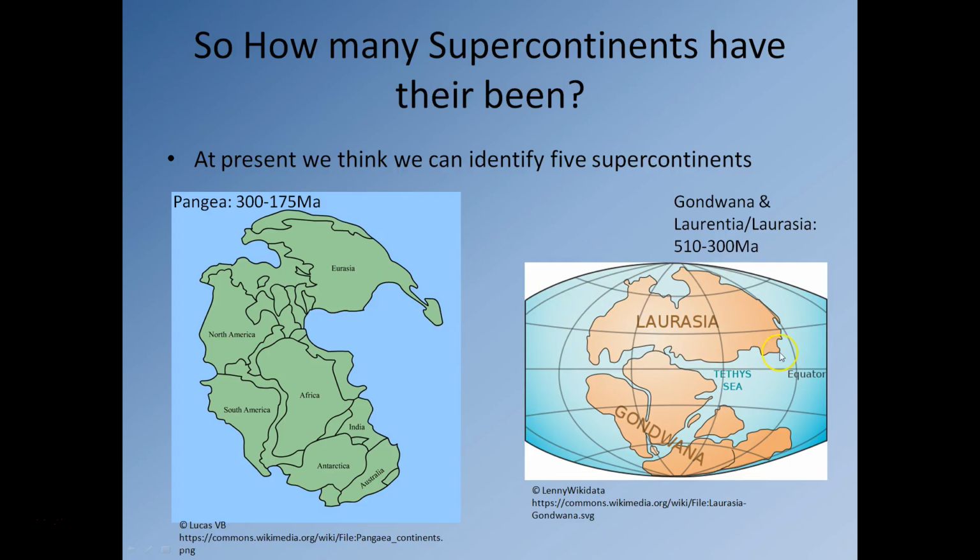That was one supercontinent up here. And then we had Gondwana, that was another supercontinent. That was South America, Africa, Madagascar, India, Australia and Antarctica. And those 2 supercontinents existed between 510 and 300 million years ago. So 300 million years ago, Laurasia and Gondwana crash into each other to produce Pangaea.